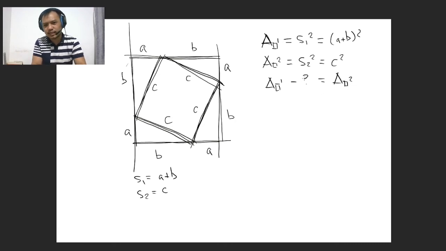Okay? So what is this question mark right here? How are we going to figure that out? Well, we have our 4 triangles, and we need to get the area of each of those triangles in order to find the area of the second square.